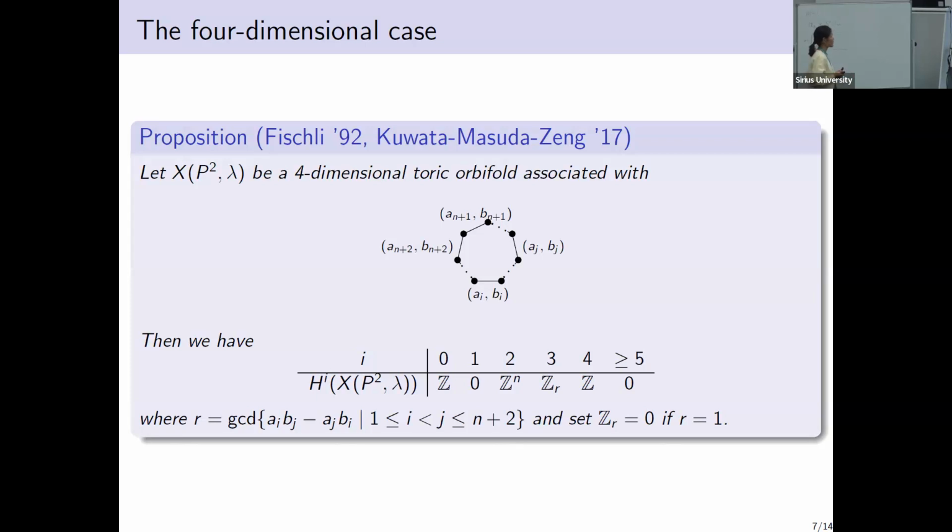n+2 gon, such that the ith edge is associated with a primitive vector given by (ai, bi). So in this case, the cohomology groups are already known.